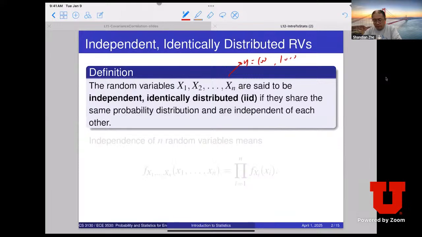In such cases, it's very, very hard to write down a joint probability density function of all x1 through xn, or to compute the conditional density, and so on.